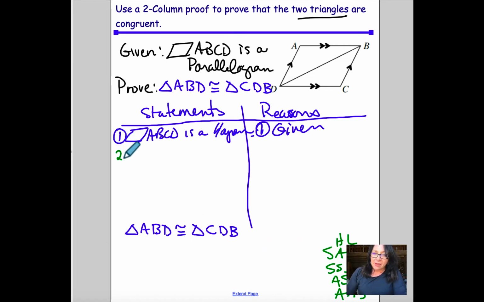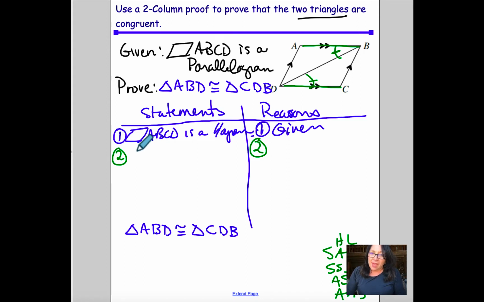Now, our second step is why do you think they told us that this was a parallelogram? Well, if this is a parallelogram, if AB is parallel to CD, then that makes this angle ABD congruent to this angle because alternate interior angles are congruent.